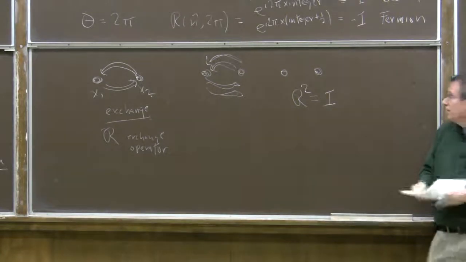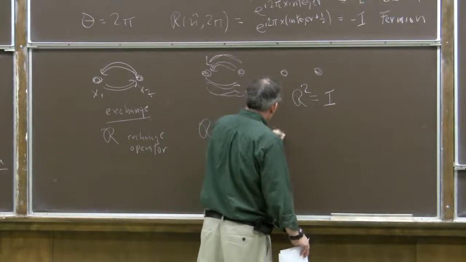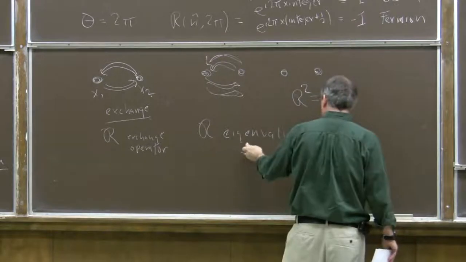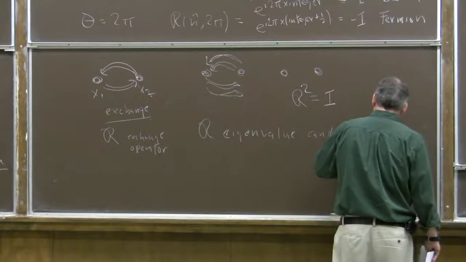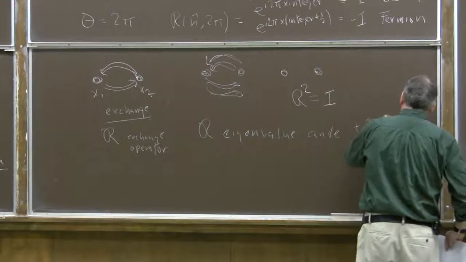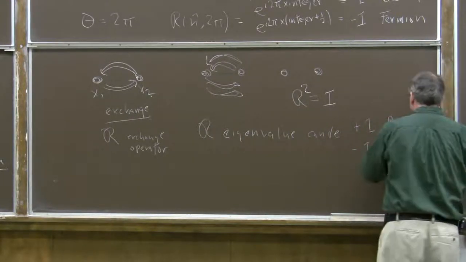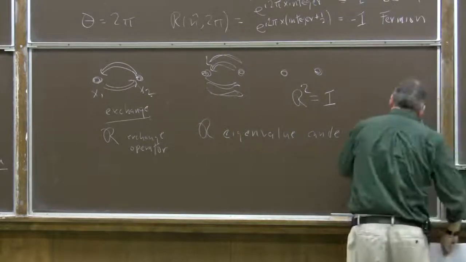They have to square to 1. So the eigenvalues squared are equal to 1, but the eigenvalue of r can be either plus 1 or minus 1. If it's plus 1, that means when you exchange 2 indistinguishable particles, nothing happens to the wave function. That's the case of bosons. If it's minus 1, you take 2 indistinguishable particles and exchange them, but the wave function changes sign under the exchange. That's the case of fermions.